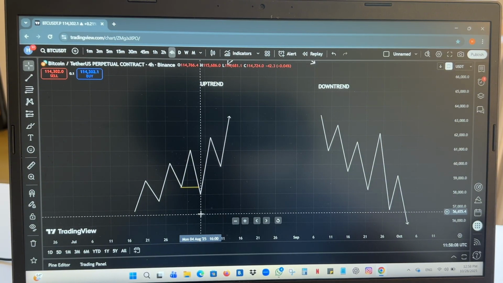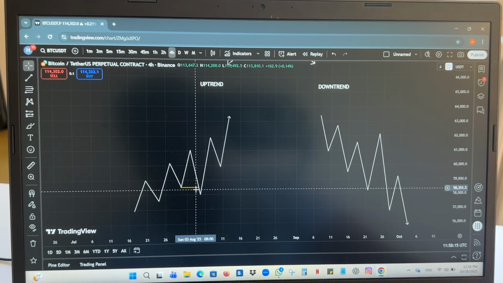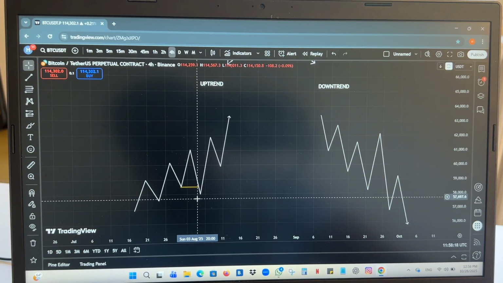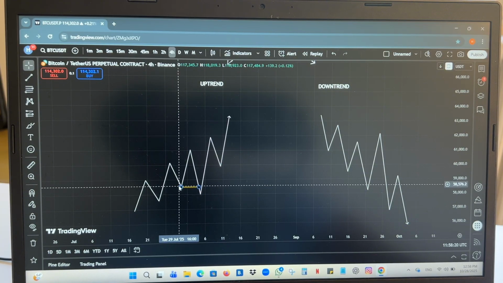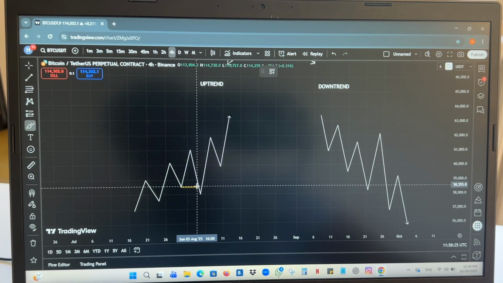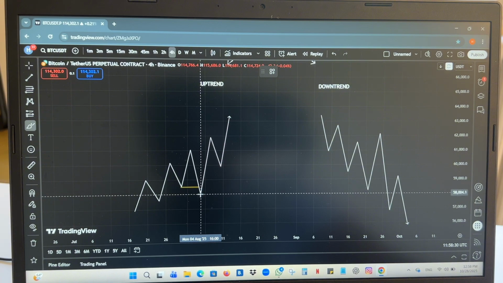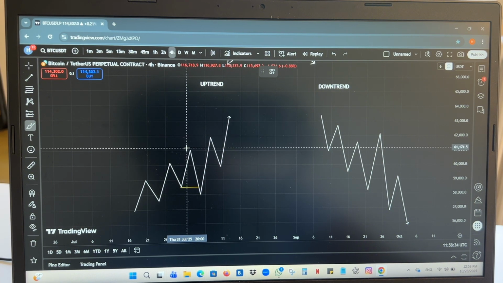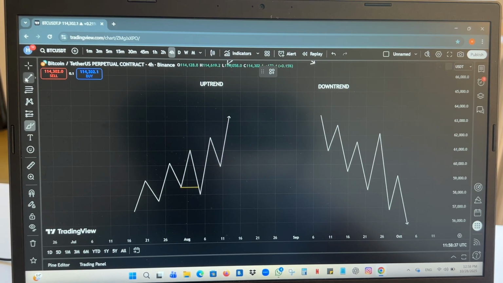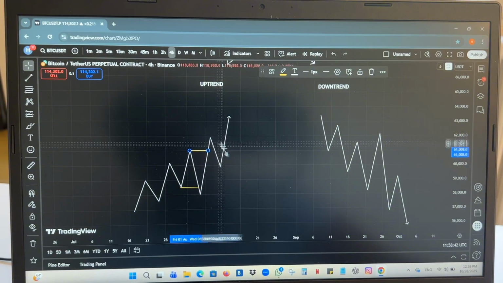Right now we are trying to identify what a break of structure is, what a BOS is. So what we need to do is just mark it there and then wait for the confirmation. Let's say the market is right over here and it breaks the high low, and we have to confirm that it's a BOS. We need the confirmation of hunting this high as well, because we don't know whether it's going to go up or down.